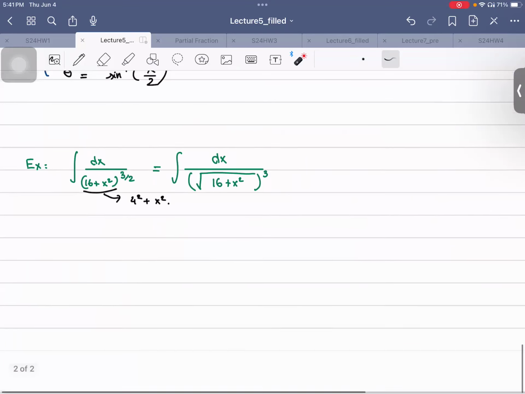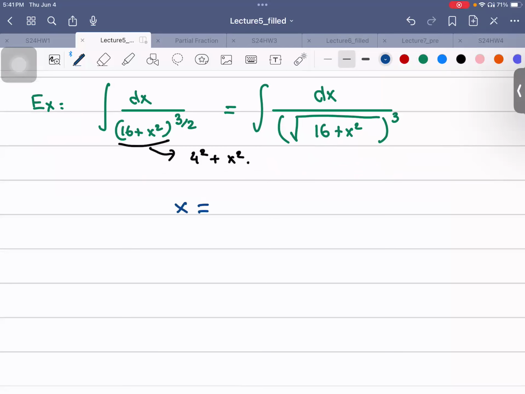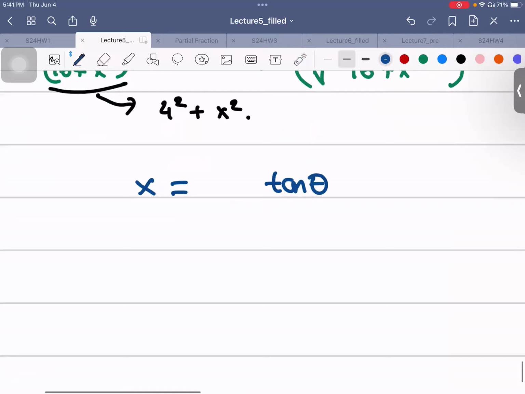So after rewriting everything, you see that you have the square root of the sum between two squares, and you decide to use the trig substitution with tangent of theta. Since 16 is 4 squared, you put 4 in front of your trig substitution. So I set up x equal to 4 times tangent of theta.